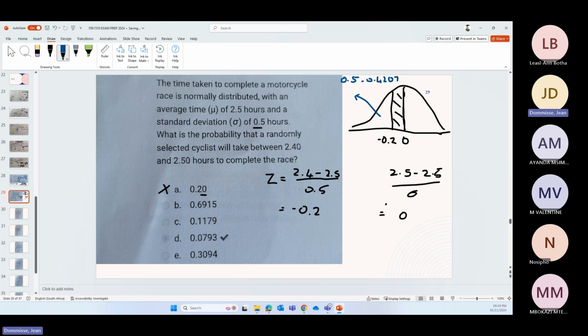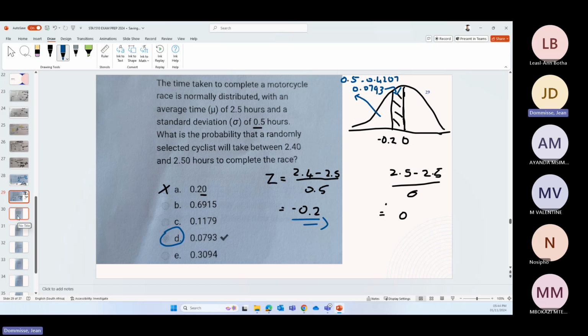I thought it would be even there, but 0.5 minus 0.4207 gives us 0.0793, which is option D. Okay, so I would have thought that they would give you that 0.4207 as well, but obviously not. But then that small area is 0.0793, which is option D.